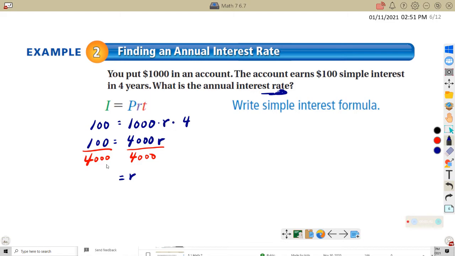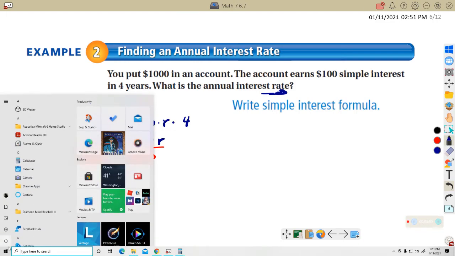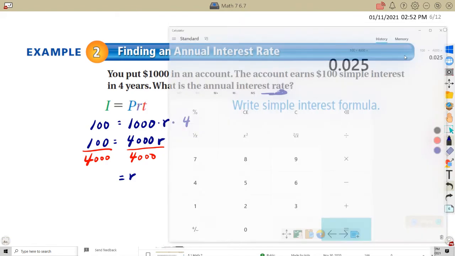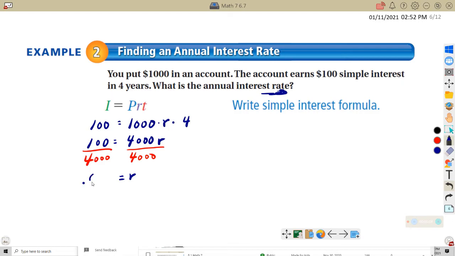It's going to be something with a 2 and a 5, right? 1 over 4 in decimal form. So 100 divided by 4,000 is 0.025. See, I can't do those decimals in my head. I'd lose track of them.